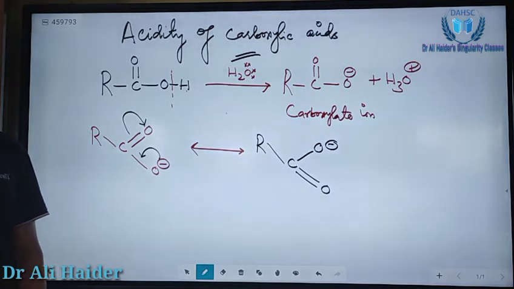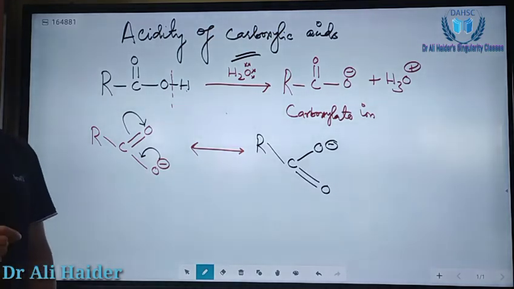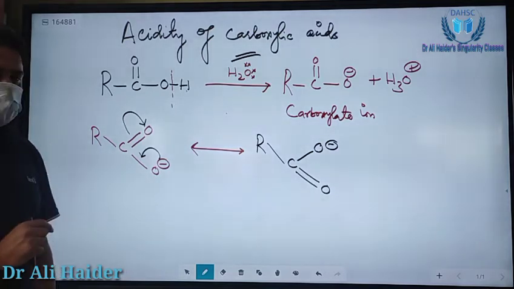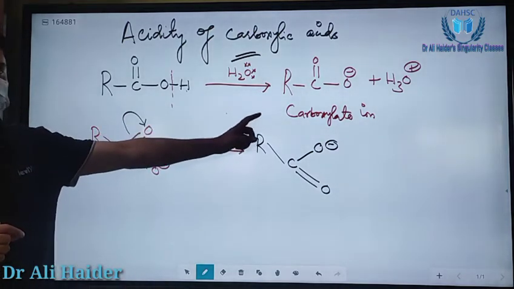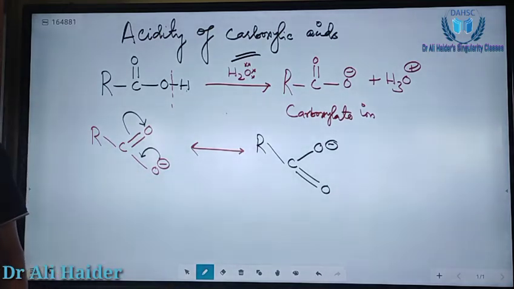If you dip blue litmus paper into aqueous solution of carboxylic acid, it turns red. So that means they are acidic in nature. Here is presence of H plus. So the driving force for these carboxylic acids is the loss of H plus ion to form carboxylate ion, which is resonance stabilized.